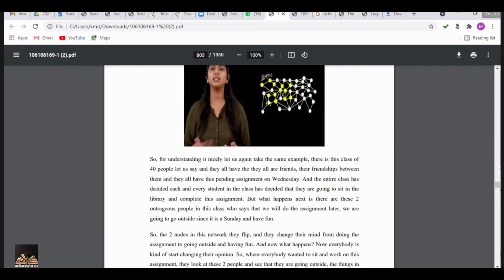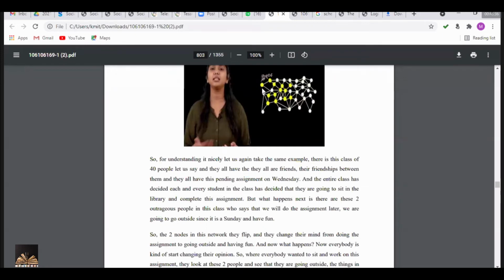Actually, all the people want to go to the library. But there is one person who doesn't want to go to the library. He wants to go to the shopping. Then with his decision, he will influence one person, and that person will change his mind. That way, some of the people will change their mind because of one person's influence, right?